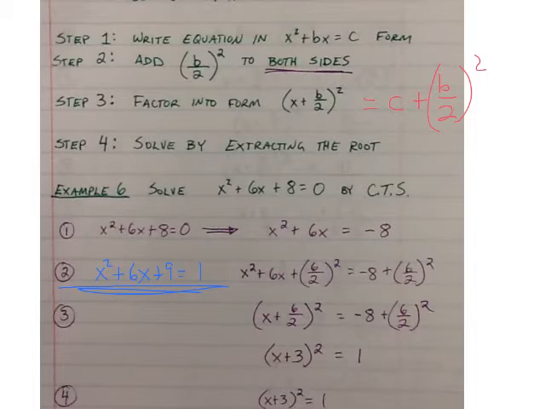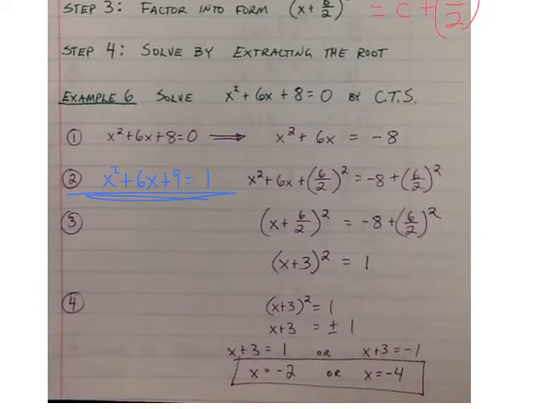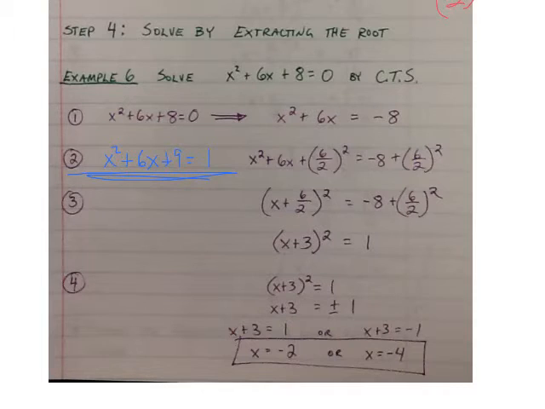From there, we solve by extracting the root, and that was the very first method we used. The first thing we're going to do is take the square root of both sides, and that gives us x + 3 = ±1. So x + 3 either equals positive 1 or it equals negative 1, and we simplify it out and we get our two solutions.